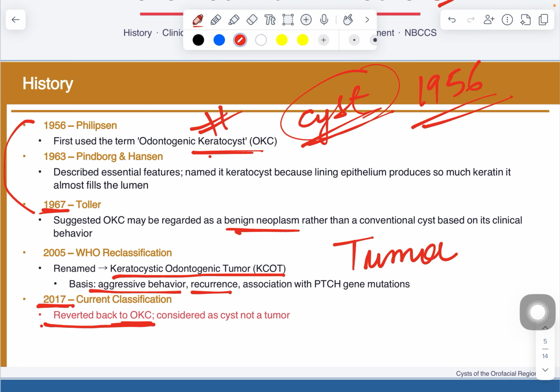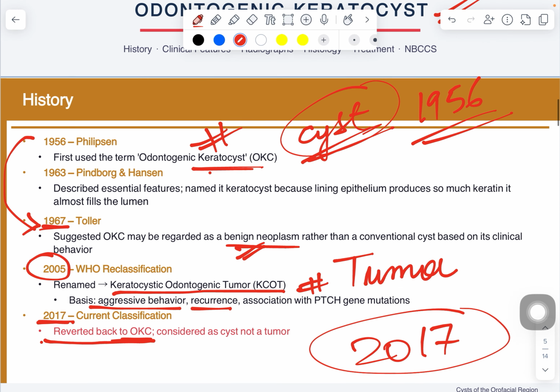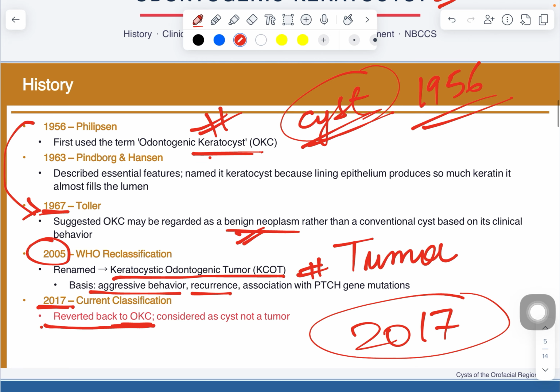It was reverted in 1967, considered as a benign neoplasm, and named in 2005 as a keratocystic odontogenic tumor. In 2017, it was reverted back to being called a cyst and not a tumor. Why was it called a tumor and not a cyst back then in 2005? Because of its aggressive behavior and recurrence.